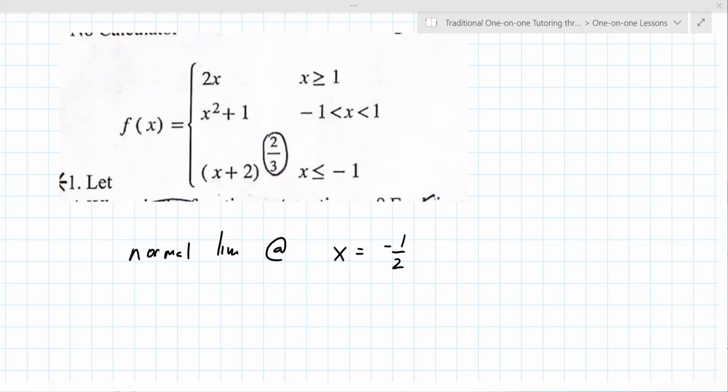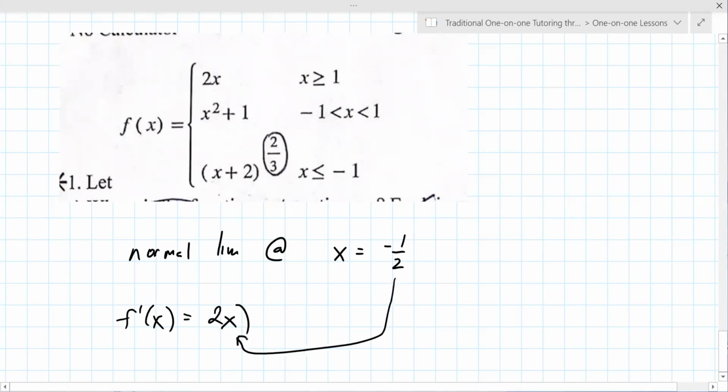But the derivative is 2x. That's right, f prime of x is 2x. So you have to take your x. Yes, I remember now. So then that cancels, so it's -1.